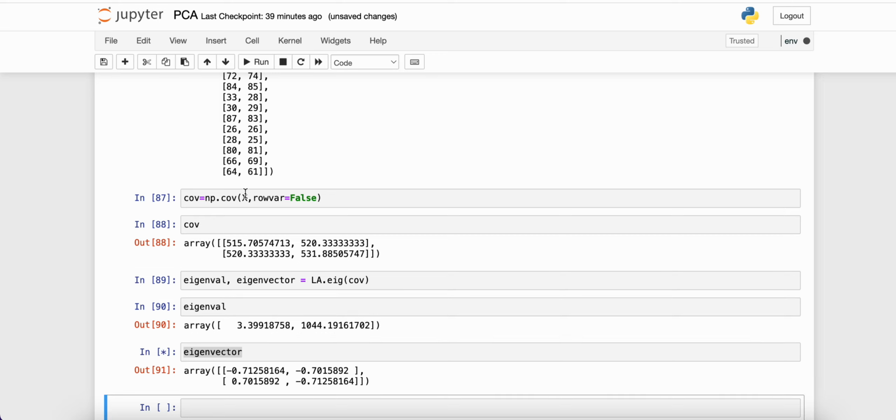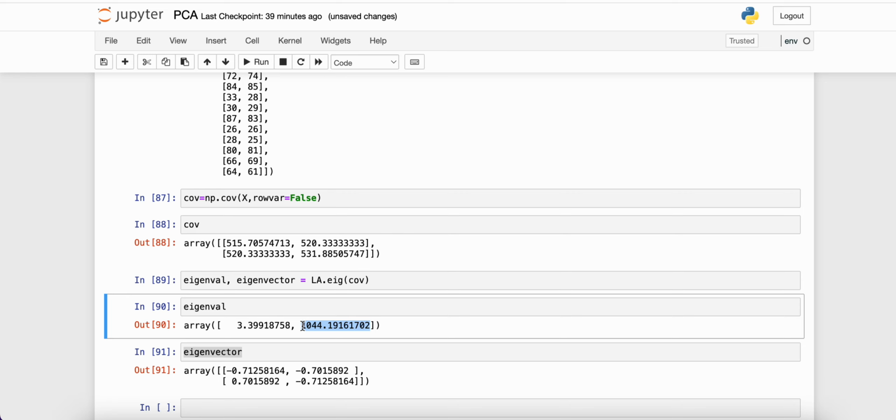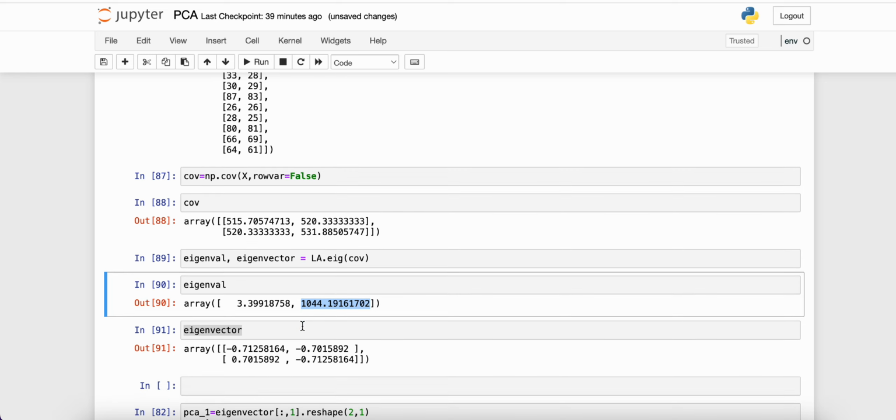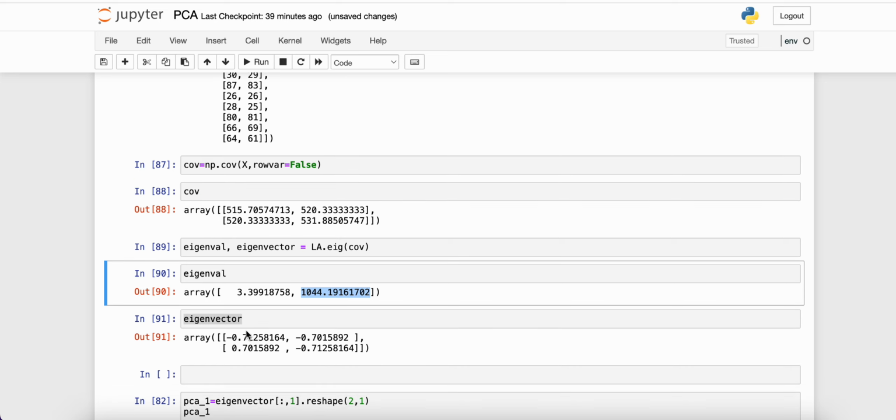This is the largest eigenvalue, which means that the second column of the eigenvector matrix would be the eigenvector corresponding to the largest eigenvalue, which would be our first principal component.